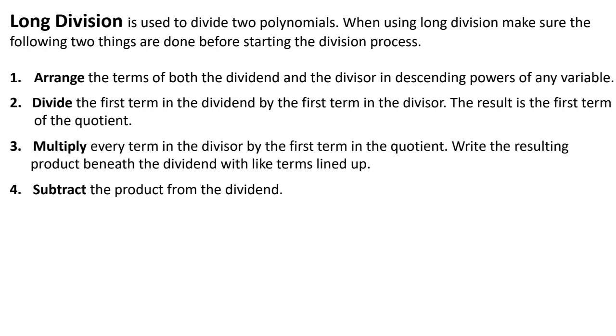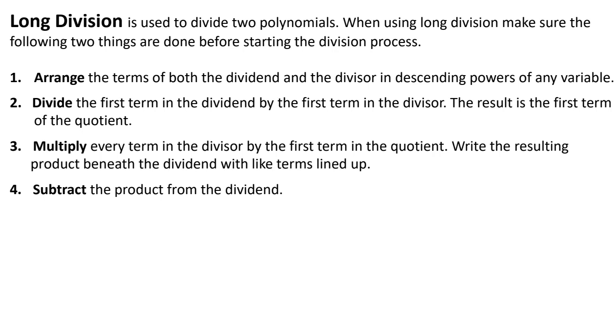Hopefully you're familiar with these terms. Dividend means what we're going to divide into, and the divisor is the one that's doing the dividing. It's kind of like the one that's outside our house. And our result is going to be our quotient. When we do the division, our answer is our quotient.